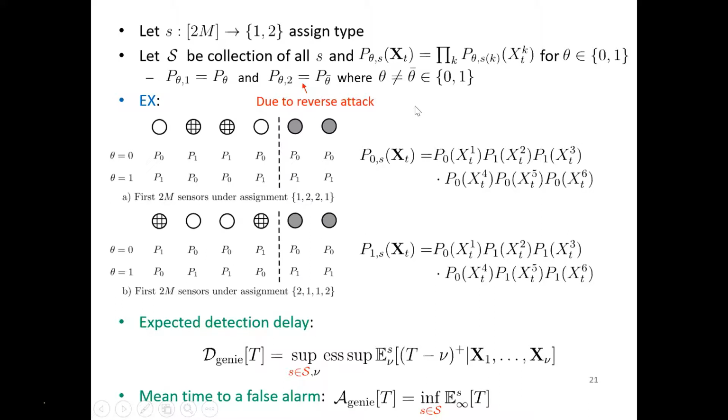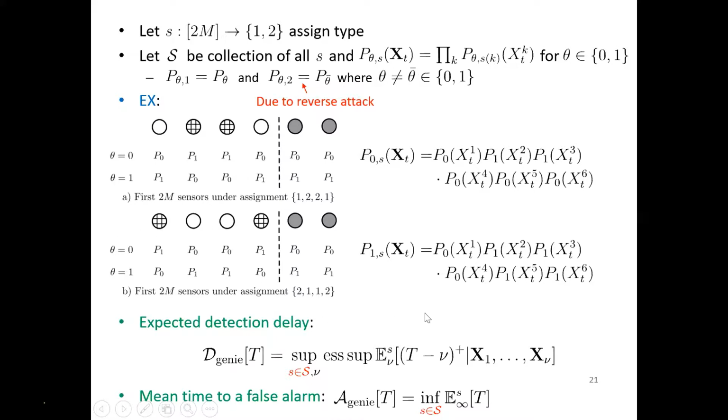Under theta equal to 0, where 0 means that the event has not happened, our samples follow this distribution: p0 x1 times p1 x2 times p1 x3 times p0 x4, and the last two are always honest, so that's p0 x5 and p0 x6. So this is one example of this p theta S.